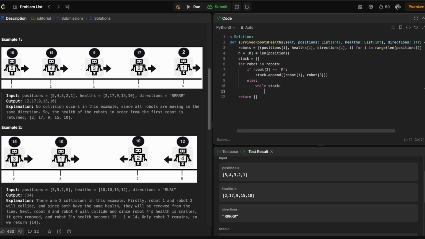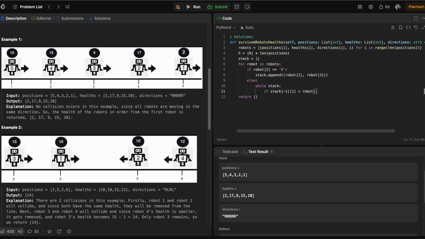Let's see, there's 3 possibilities. Okay. First, let's say the last robot on the stack has a greater health than the current robot's health.